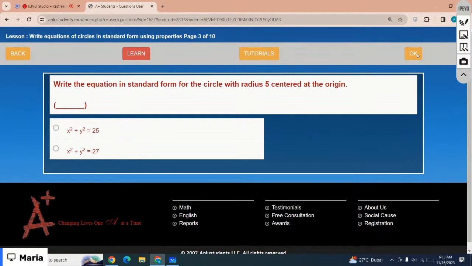Okay, write the equation in standard form for the circle with radius 5 centered at the origin. So which is the correct option?